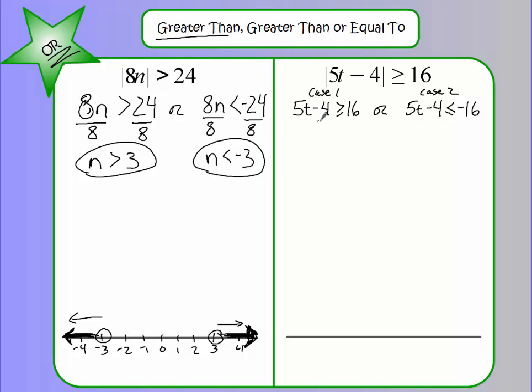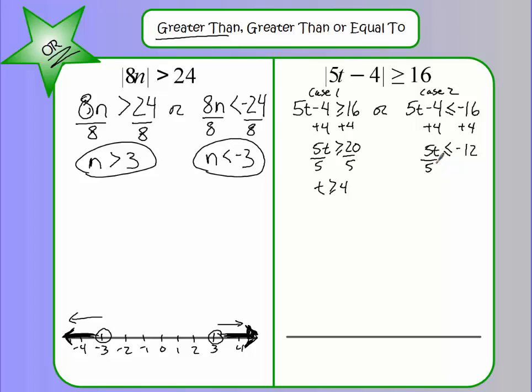So let's solve this. I'm going to add 4 to both sides here, telling me 5t is greater than or equal to 20. Dividing by 5 tells me t is greater than or equal to 4. Solving the other side, I add 4 to both sides, telling me 5t is less than or equal to negative 12.